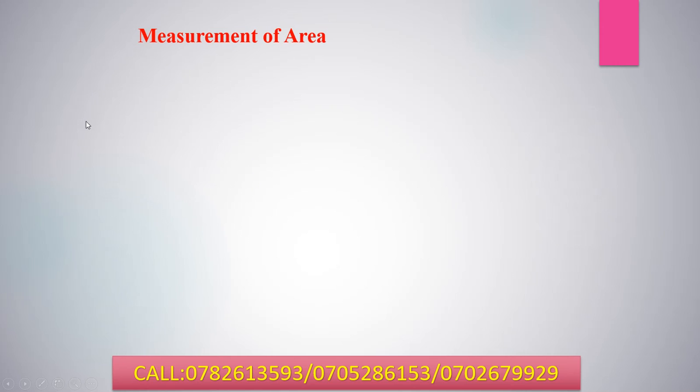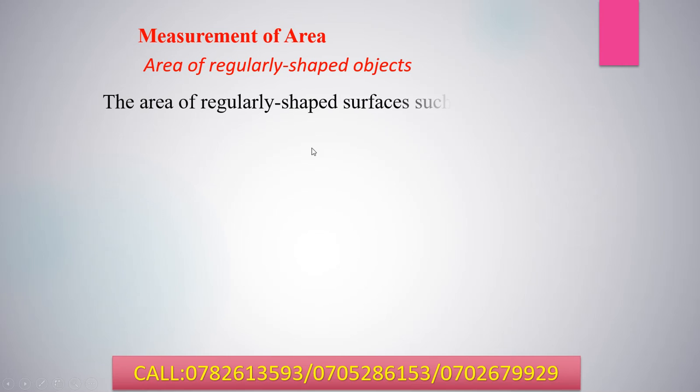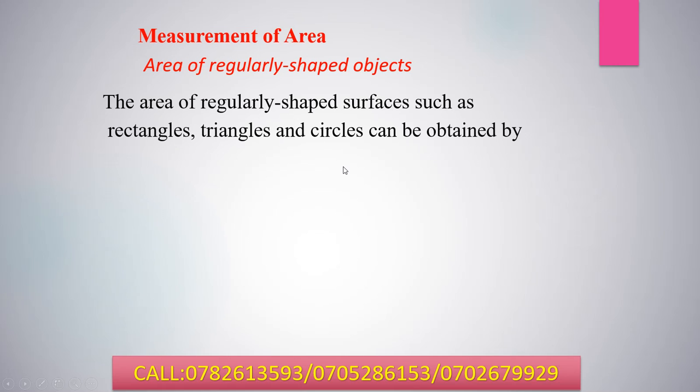Now, how is area measured? How do we measure area of a surface? Now we have regularly shaped objects. The area of regularly shaped surfaces such as rectangles, triangles, circles can be obtained by applying an appropriate formula.